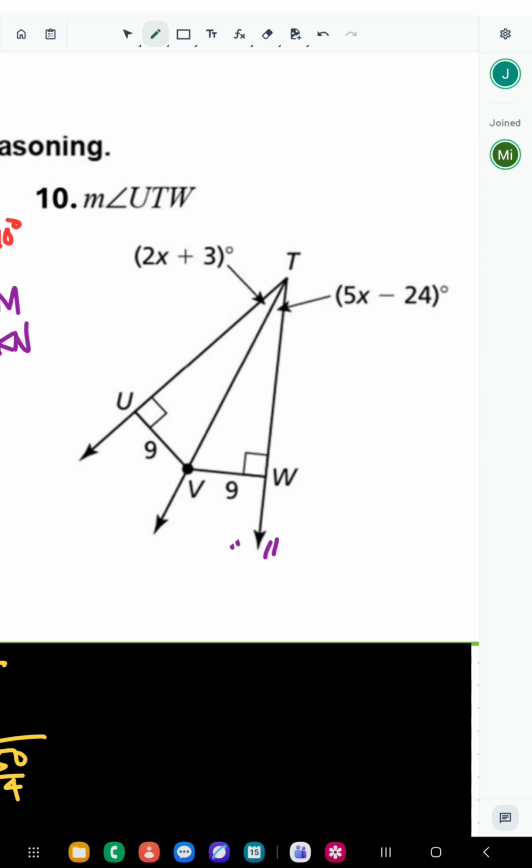So for number 10, we're given here that VW bisects TW. It's perpendicular to, or bisects TW, that's why it forms a right angle there, as well as VU and TU.